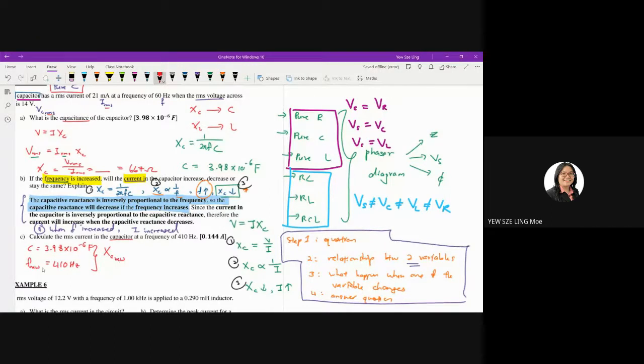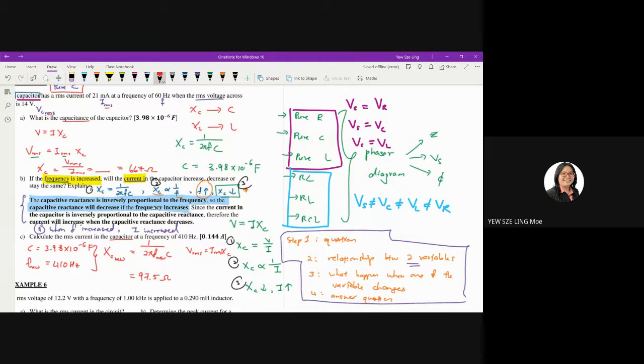XC depends on frequency. If frequency changes, then XC changes. So XC equals 1 over 2 pi F new C, which is 97.5 ohm. Once you have it, you can then calculate IRMS.